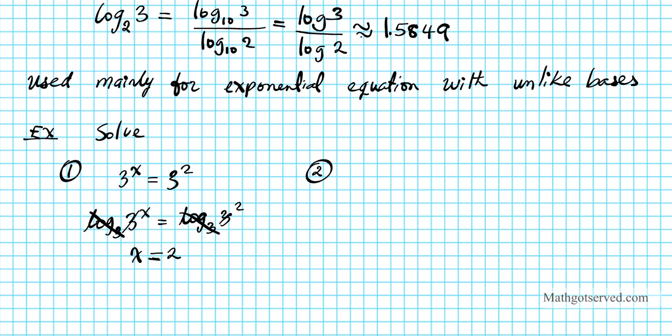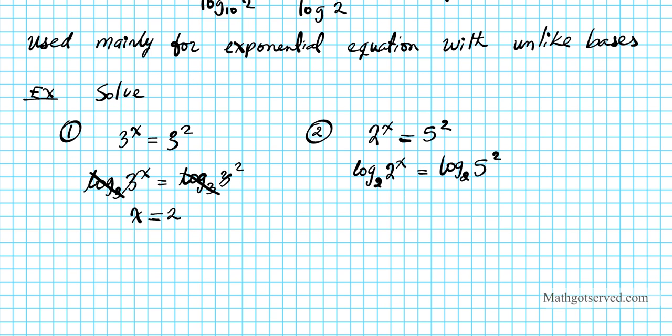Now, what if I have a scenario where you have 2 to the x equals 5 squared? All right, let me take log base 2 of both sides because the base of the exponent on the left is 2. So log base 2 of 2 to the x on the left side, and then log base 2 of 5 squared. Okay.